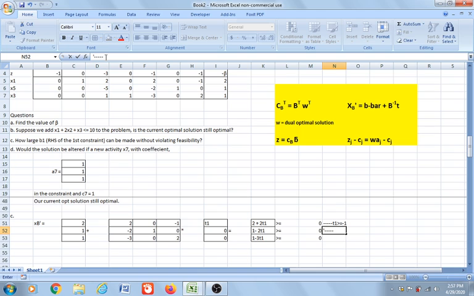And from the second constraint, 1 minus 2T1 must be bigger than or equal to 0, so T1 must be less than or equal to a half. And from the third inequality, we will get T1 less than or equal to 1 over 3.